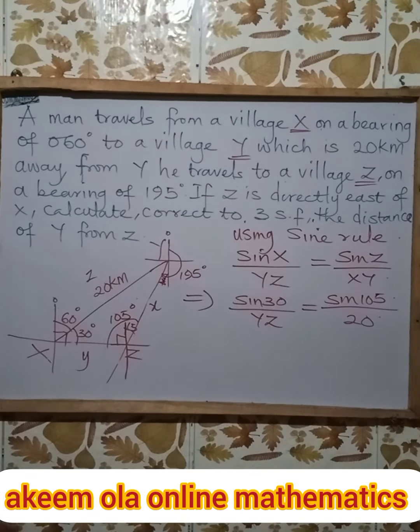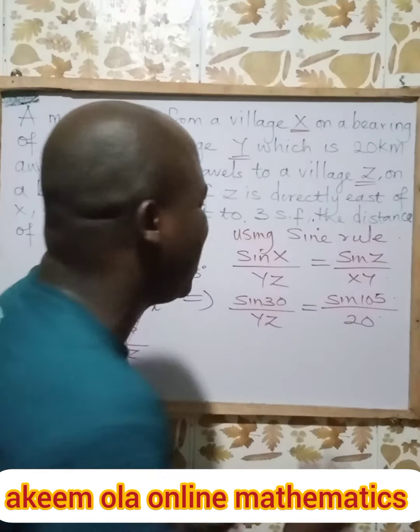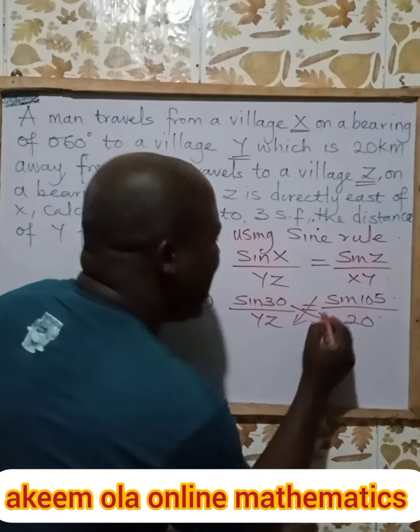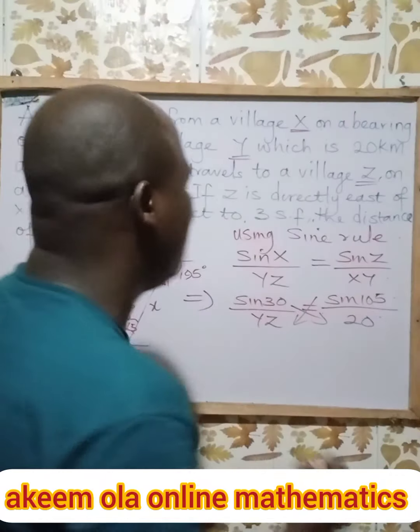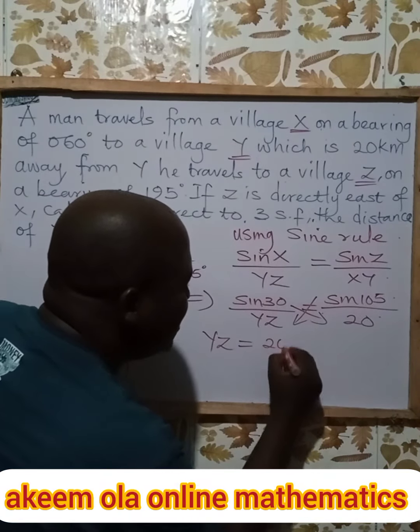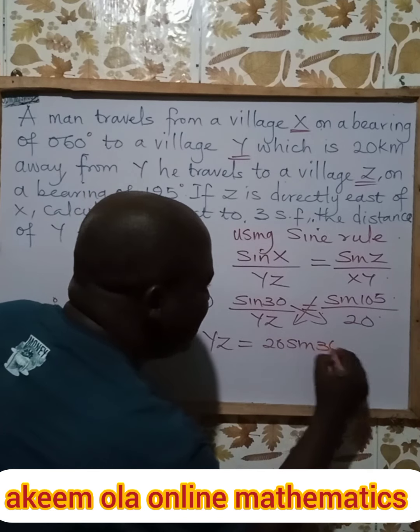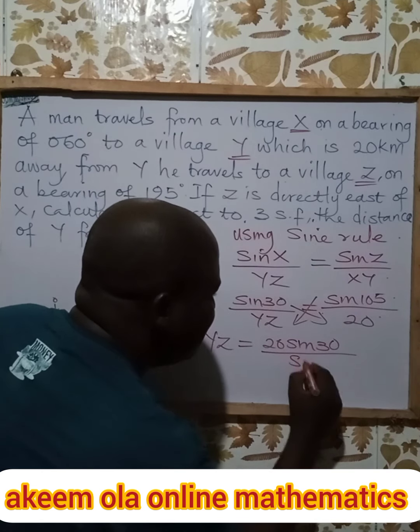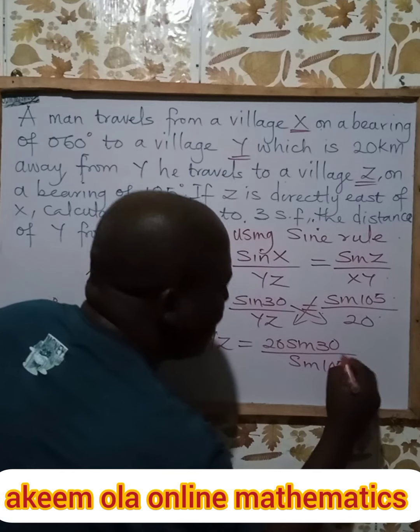So from here, we can cross multiply and make YZ the subject of the formula. YZ will be equal to 20 sine 30 all over sine 105.